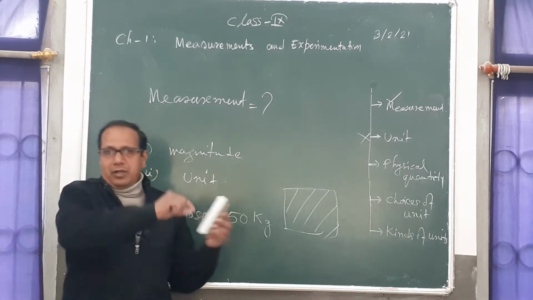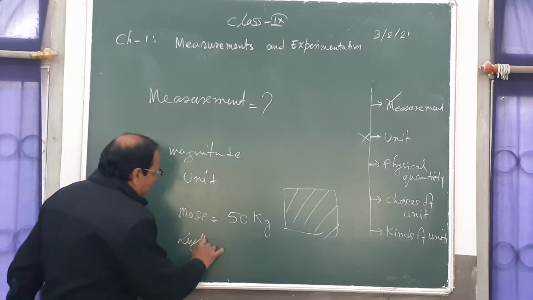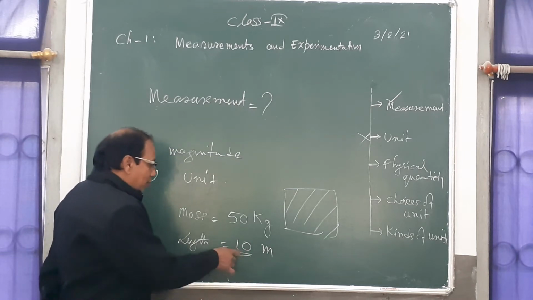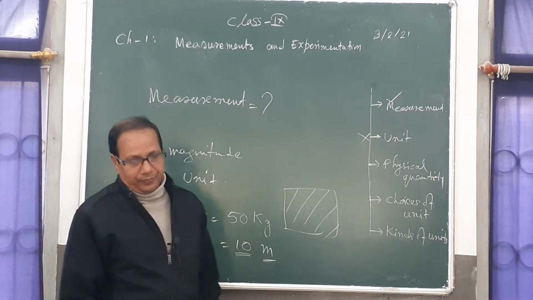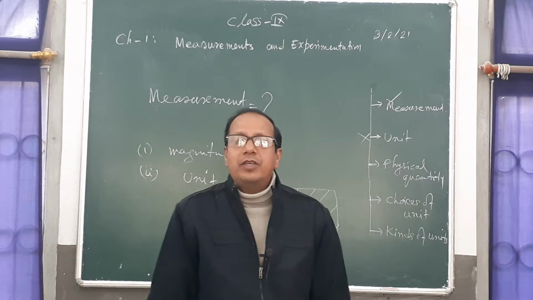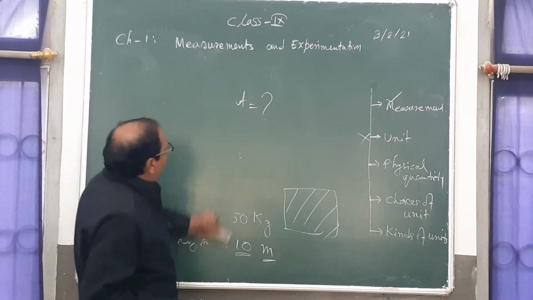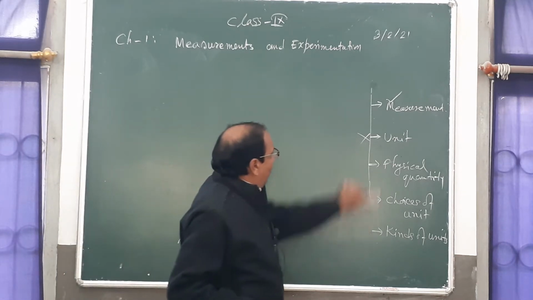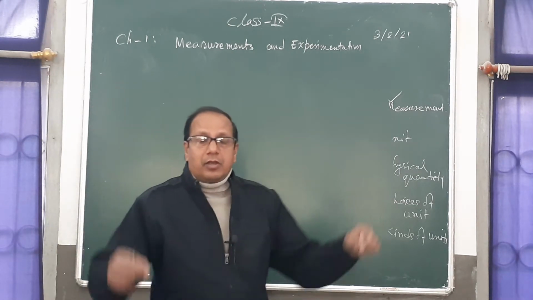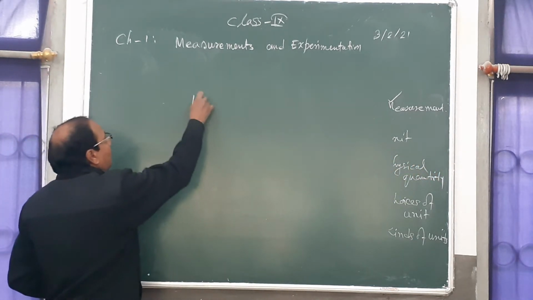Suppose the length of the room is 10 meter. So here 10 is the magnitude or numerical value and m is the unit. Now to measure any sort of physical quantity, we choose from so many units. Suppose we are going to measure the distance between two cities or two towns, then definitely we will go for kilometer.